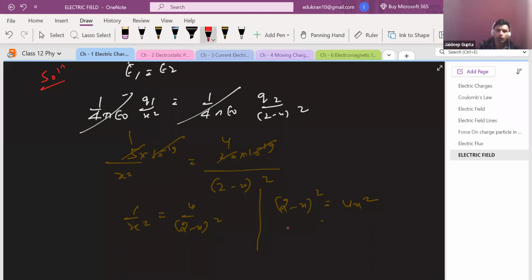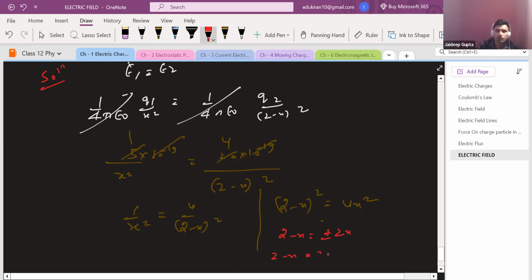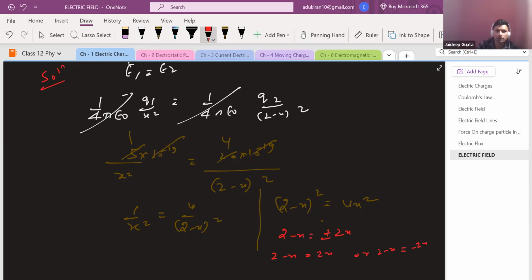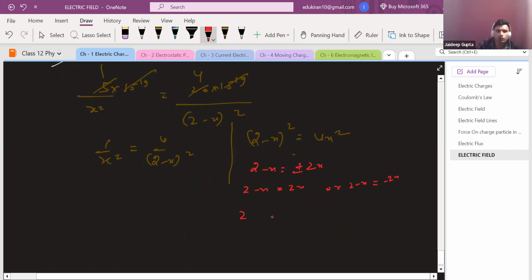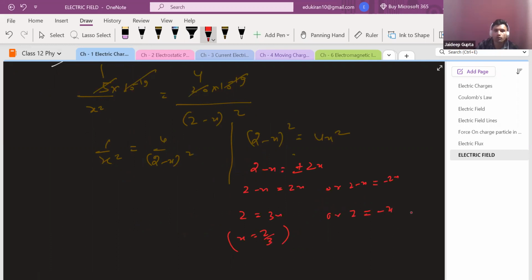Now we can take the square root on both sides. So 2 minus X equals plus or minus 2X. There are two possibilities. First, 2 minus X equals 2X, so 2 equals 3X, so X equals 2 over 3. The second possibility, 2 equals minus X, is not possible. So at X equals 2 over 3 meters from Q1, the electric field is 0.